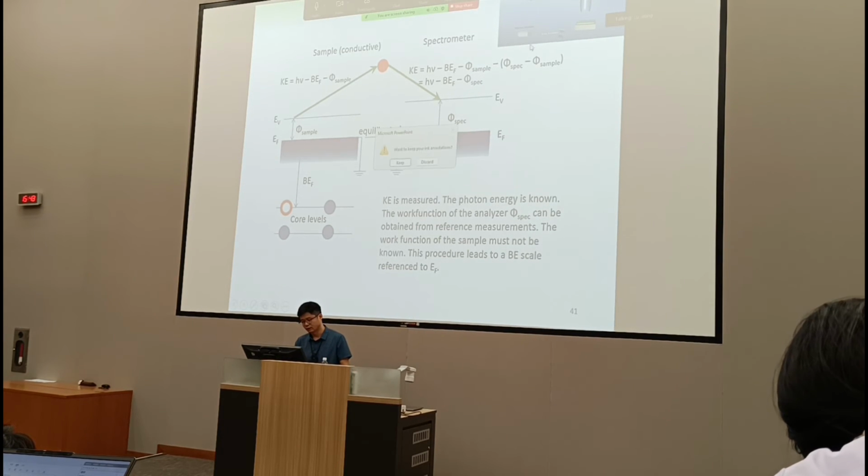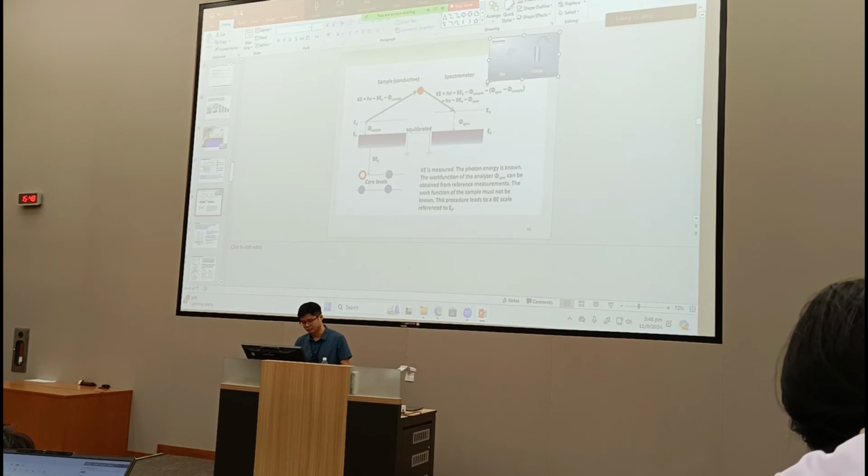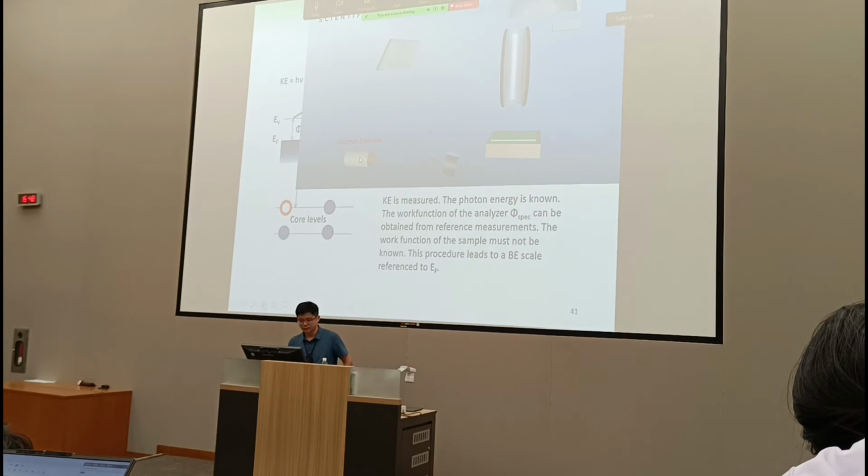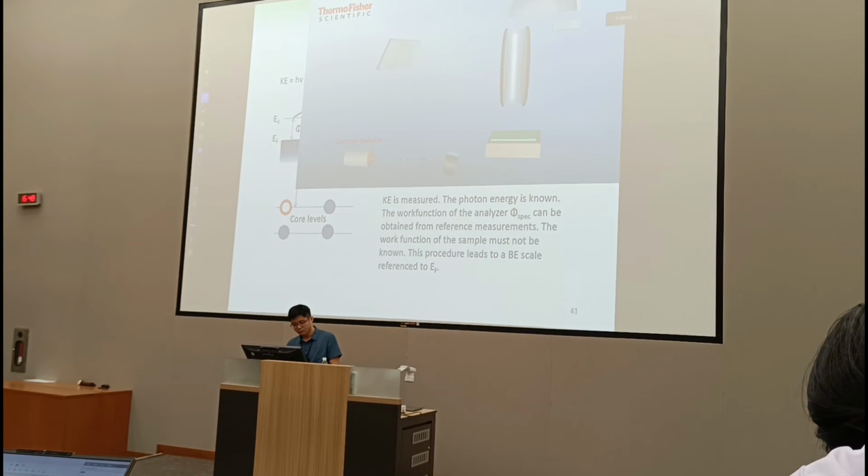So if you look at the entire XPS process, you see that to generate the X-ray photons, you shoot electrons to bombard a metal. This metal can be magnesium, can be aluminum, right? You have the X-ray emission. This X-ray shines onto the samples.